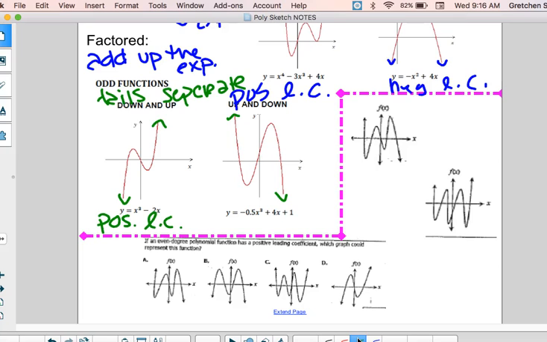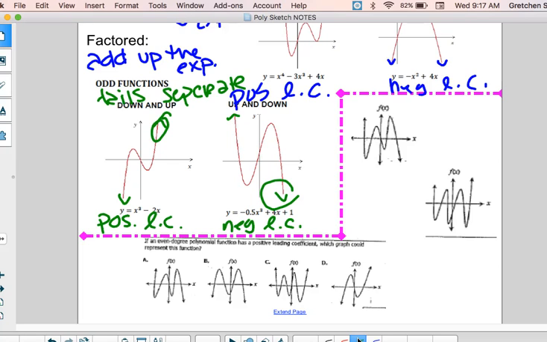So a positive leading coefficient means that your tail has to end going positive. It's the same rule as slope. So if you have a positive slope, doesn't your graph go up from left to right? Is this graph also going up from left to right? So it's the same rule as slope. Here, you have a negative leading coefficient, and you end down. So whatever your leading coefficient is, that's where your graph ends.